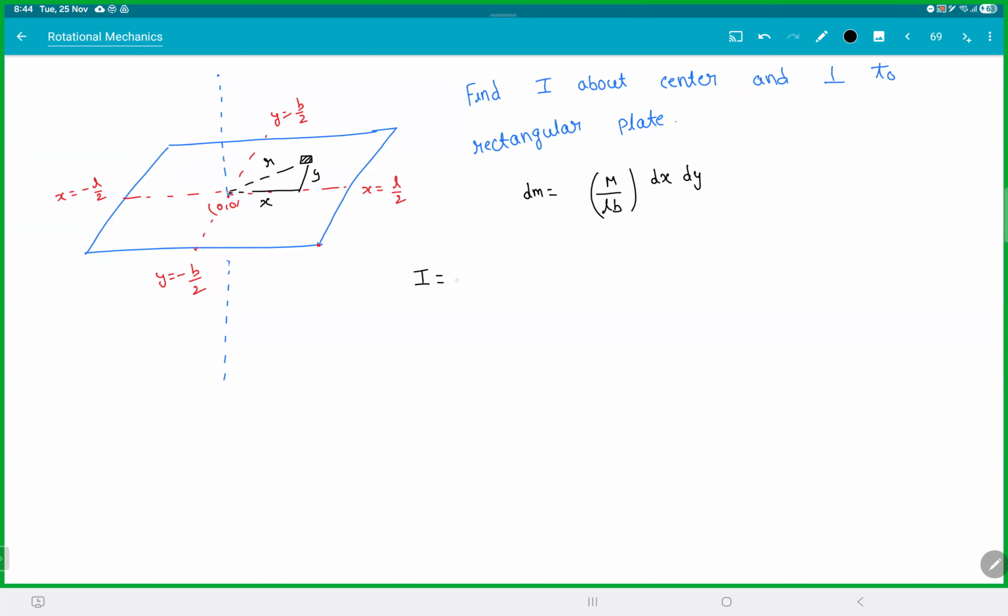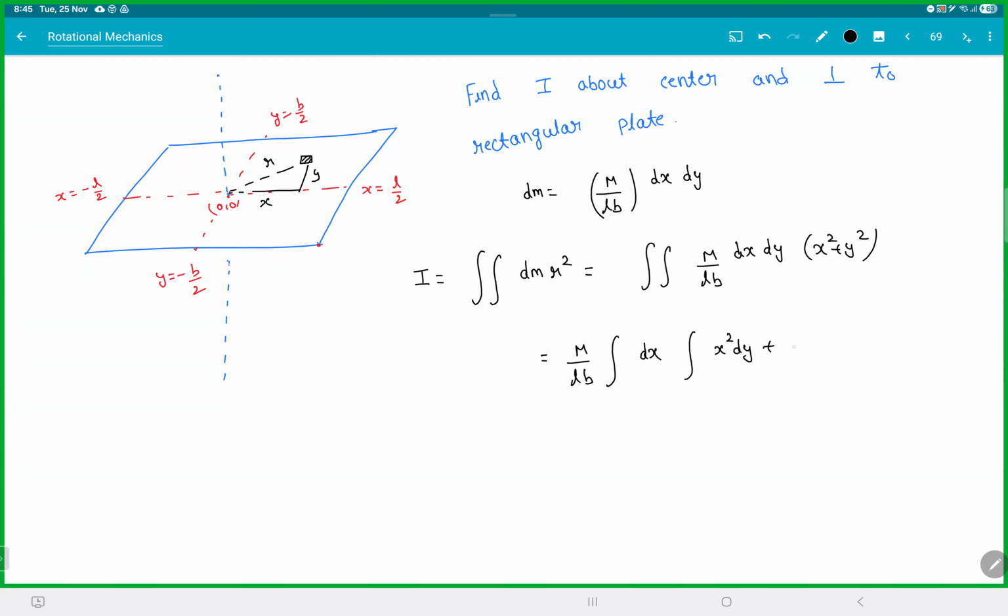So moment of inertia will be integral dm r square. r is nothing but x square plus y square. Y's limits will go from minus b by 2 to b by 2. L's limits will go from minus L by 2 to L by 2.